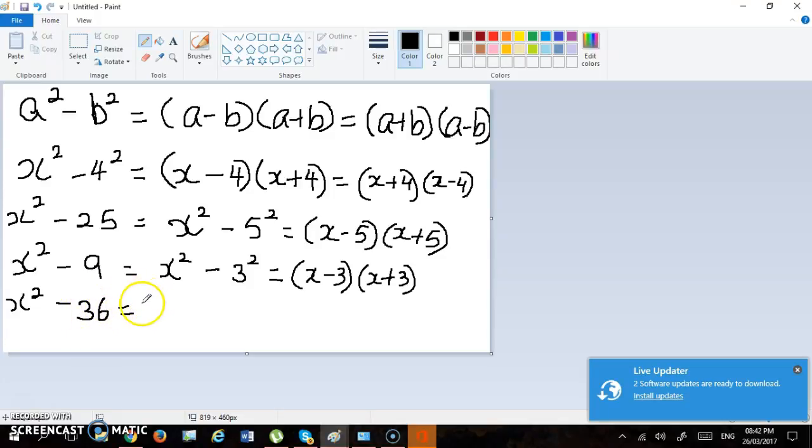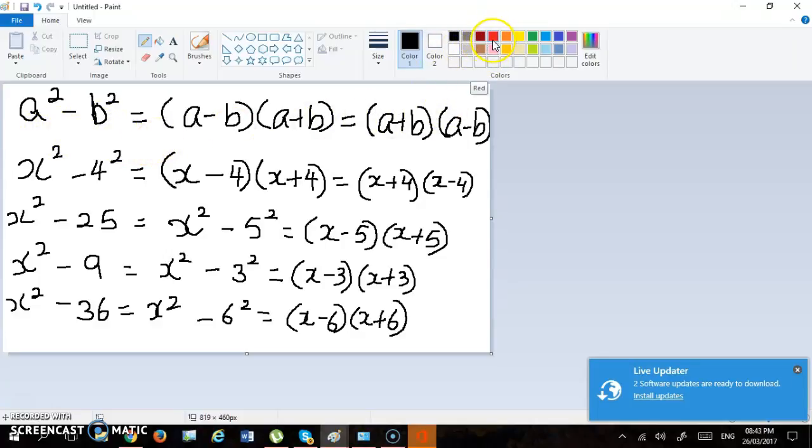So if you want to try this on your own, pause the video and come back to it and see if you get the correct answer. So you get x squared minus 6 squared, that is same as x minus 6, x plus 6.